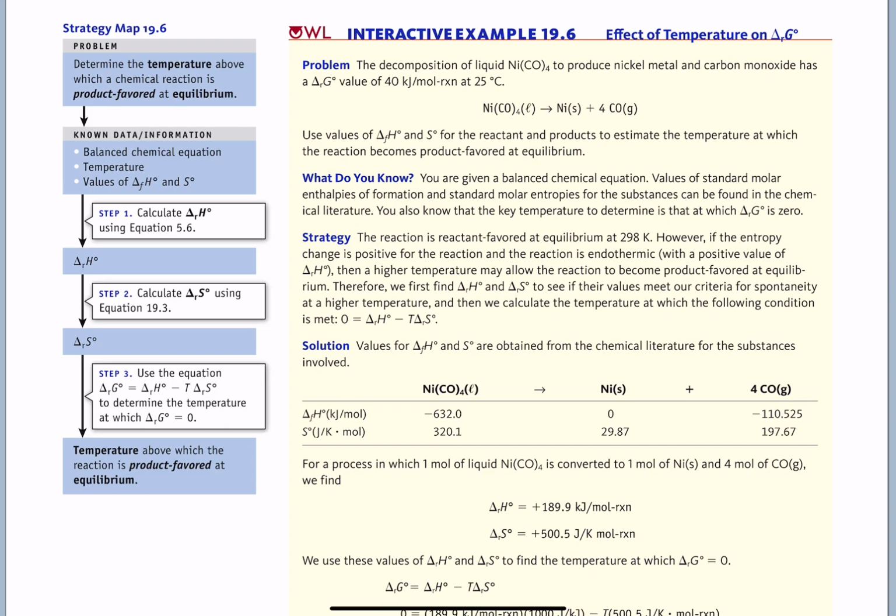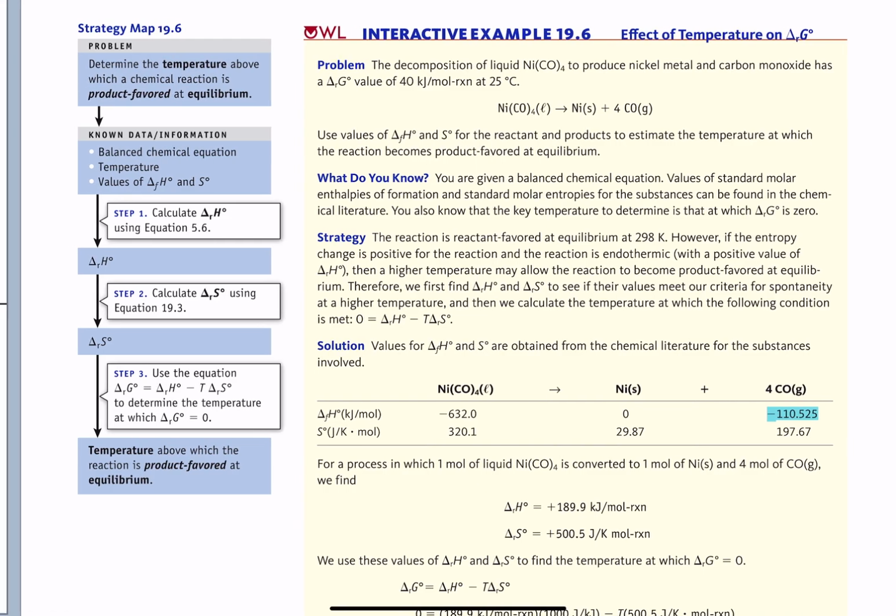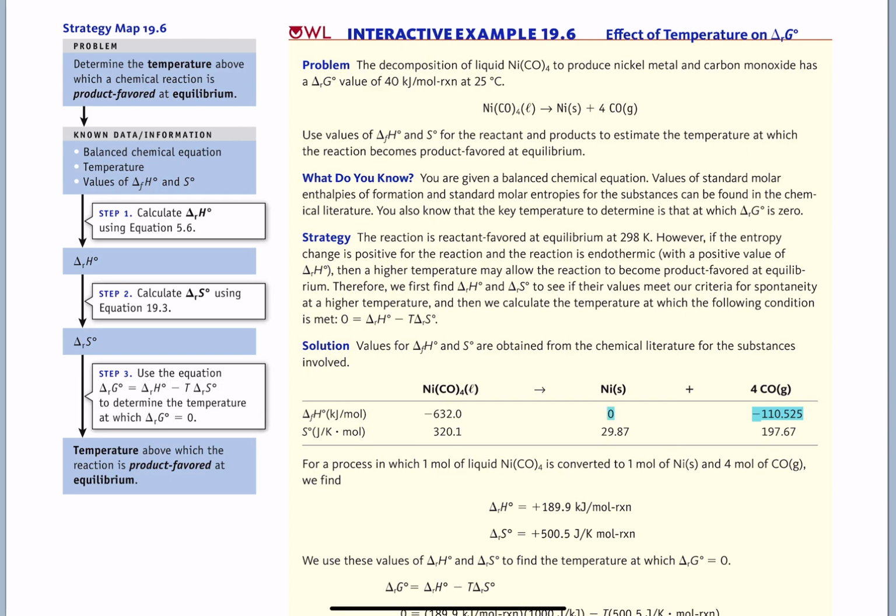We can look them up on charts, which is done down here in the chart towards the bottom in the solution. And so if you were to take the 4 carbon monoxide heats right here, multiply that by 4, the heats of the products, and here's your other product, which of course is 0 because it's a pure metal.